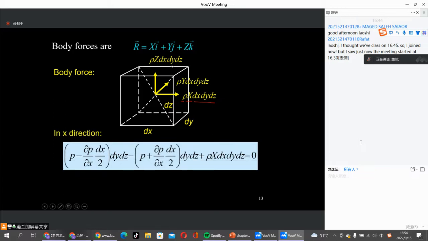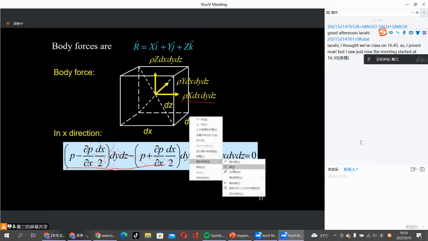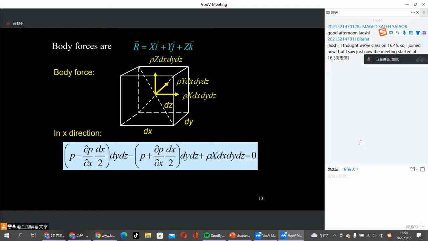And so in total, in the x direction, the forces on this cubic element will include surface force and body force. This part is the surface force in the x direction, this is the positive x.